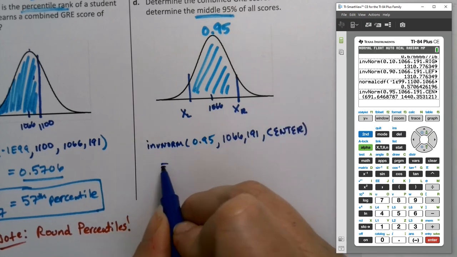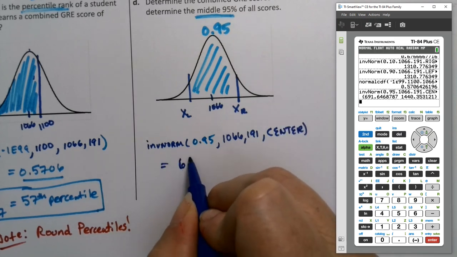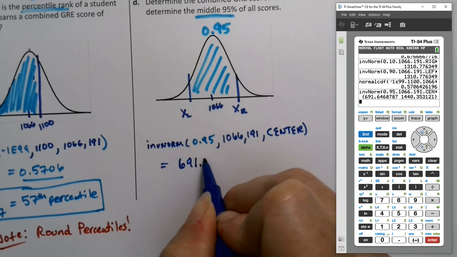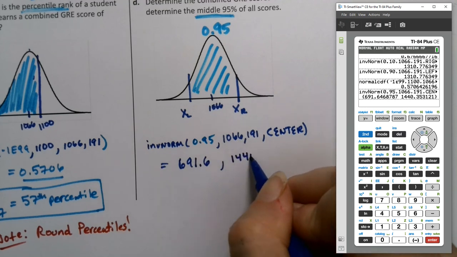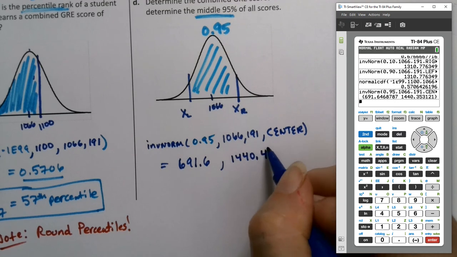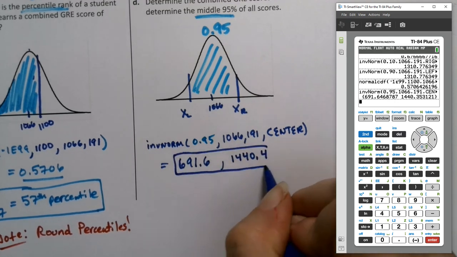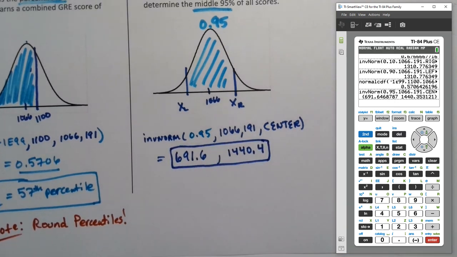And that gets us our two answers of 691.6 and 1440.4. So the middle 95% of students scored between 691.6 and 1440.4 points. Right.